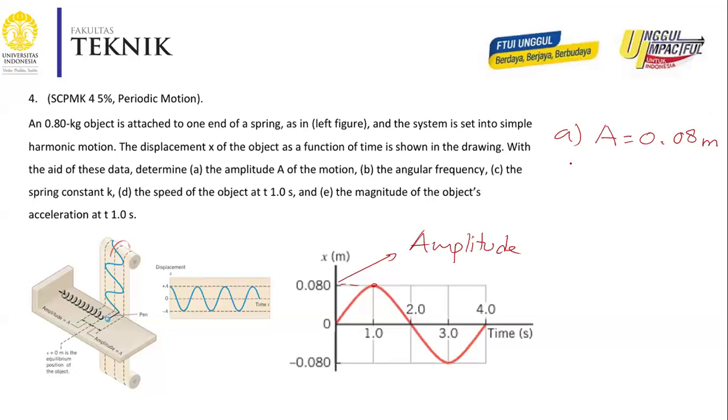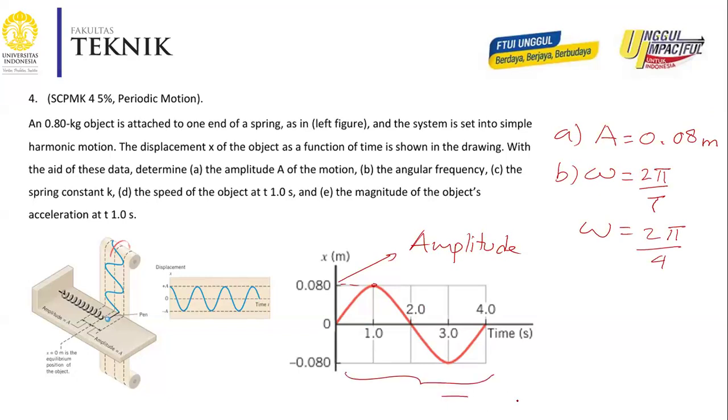And then the angular frequency. The angular frequency formula is omega, right? Omega is 2π divided by period T. The period is the time needed to make one oscillation. We see that this one is the period, right?